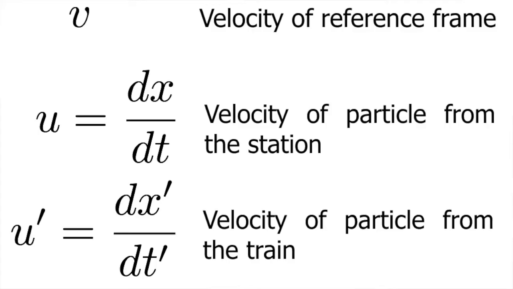Let's define the variables that we are going to use. V will be the velocity of the reference frame. To distinguish the velocity of the particle from the velocity of the reference frame, we will use u as the velocity of the particle. So u, which is dx over dt, will be the velocity of the particle from the station, and u prime, which is dx prime over dt prime, is going to be the velocity of the particle from the train.